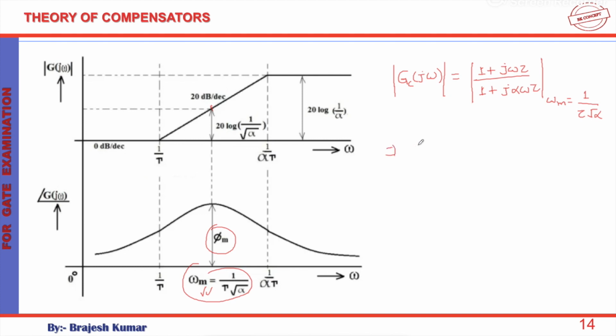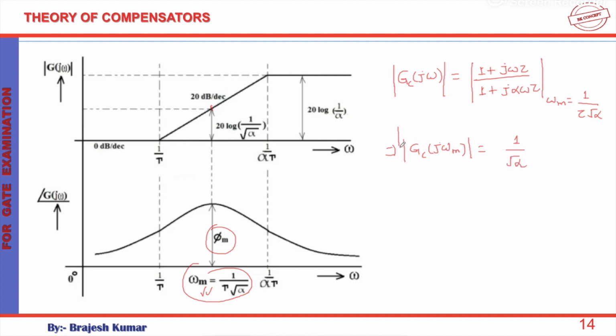You will get GC j omega m, magnitude will be given by, after solving, a very nice formula, and that will be equal to 1 upon root alpha.